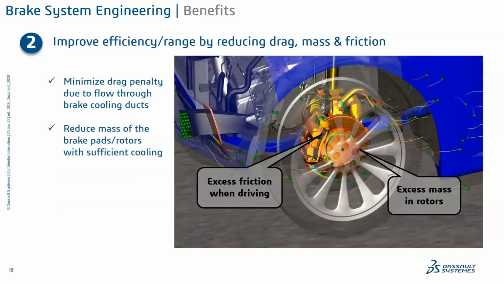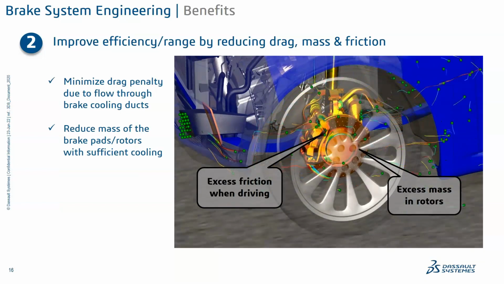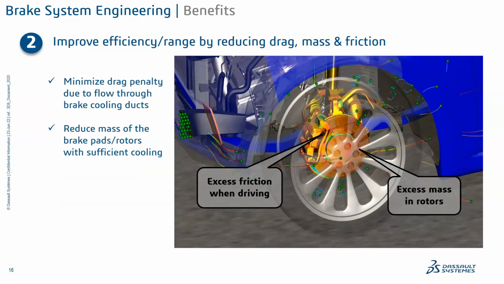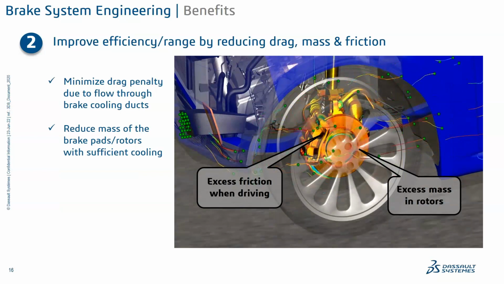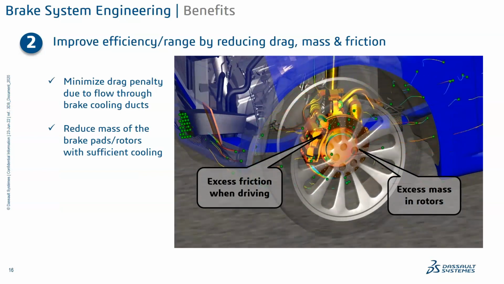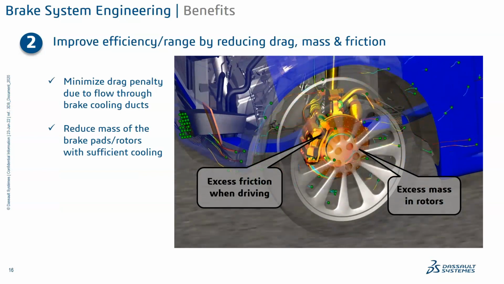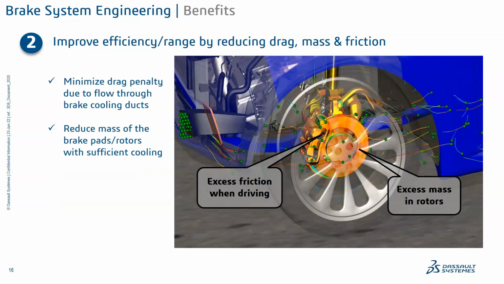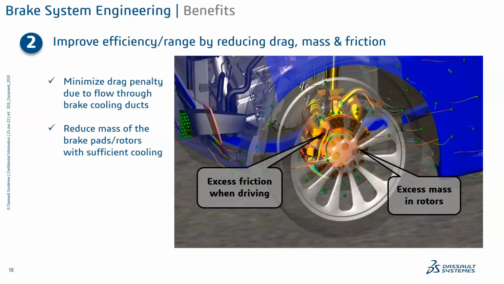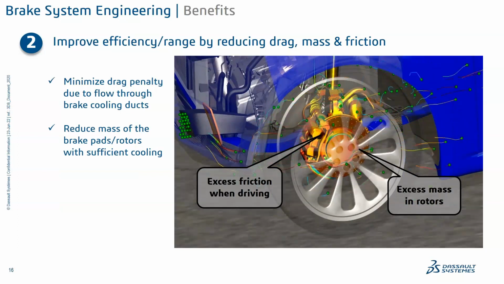Virtual testing on a digital mockup also helps improve the efficiency and range by reducing drag caused by brake cooling airflow. If you minimize the drag penalty due to the flow through brake cooling, you can reduce the mass of the brake rotors or the brake pads with sufficient cooling.